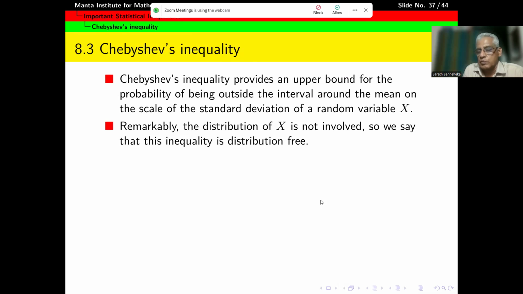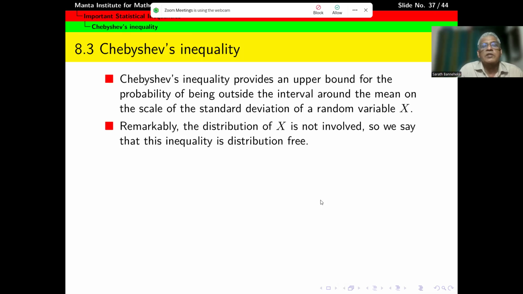Cauchy's inequality was about the expected value of two random variables. The Chebyshev inequality is about the probability of a random variable. So it concerns the probability distribution, actually. It doesn't really depend on the distribution, whether it's normal, gamma or exponential. It's a general inequality, but regarding the probability.